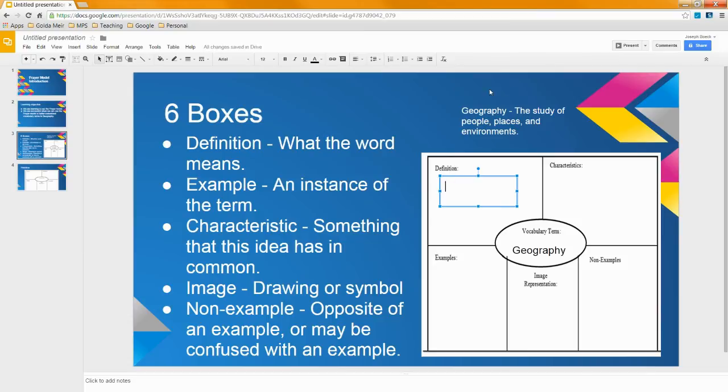So again, I see the definition of geography up here is the study of people, places, and environments. However, to put this in our own words, I'm going to go ahead and reword this, and I'm going to write, so again, learning about people, places, and environments.